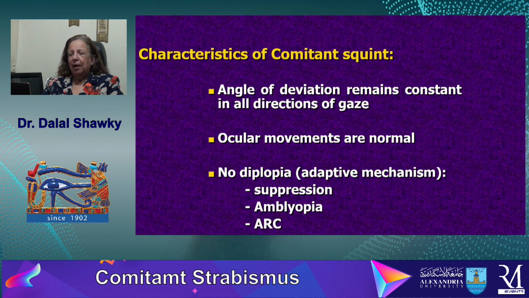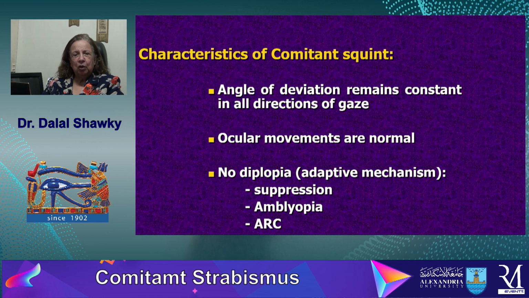Also, there might be abnormal retinal correspondence. What is this abnormal retinal correspondence? This means that an extrafoveal point of the squinting eye is corresponding and acting with the fovea of the normal eye.